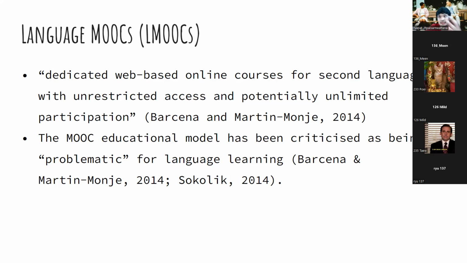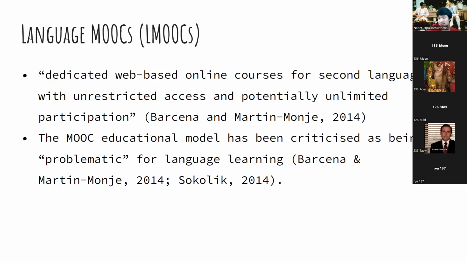Basically it's an open course for anyone to come and learn second languages. We're not talking about learning a first language, because that cannot be done through a MOOC. You learn your first language through school or with your parents at home and so on. We're talking mainly about second languages, right?